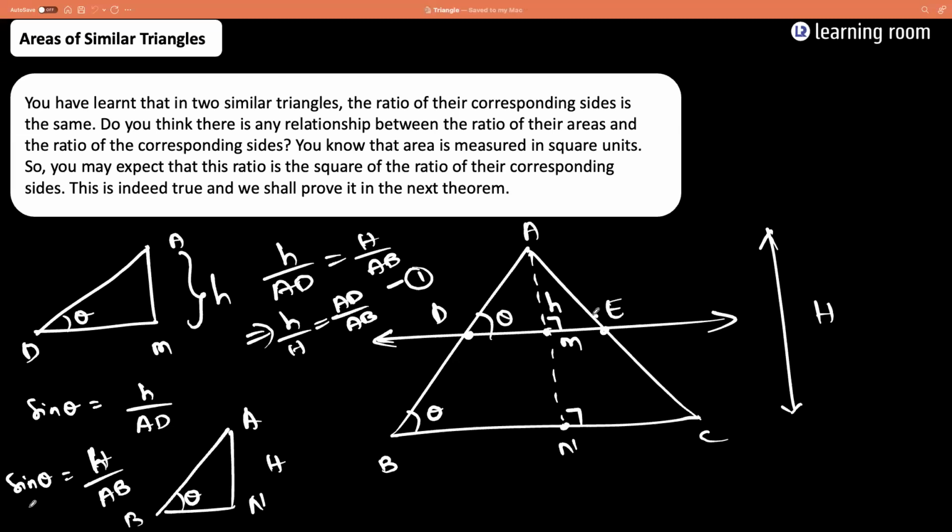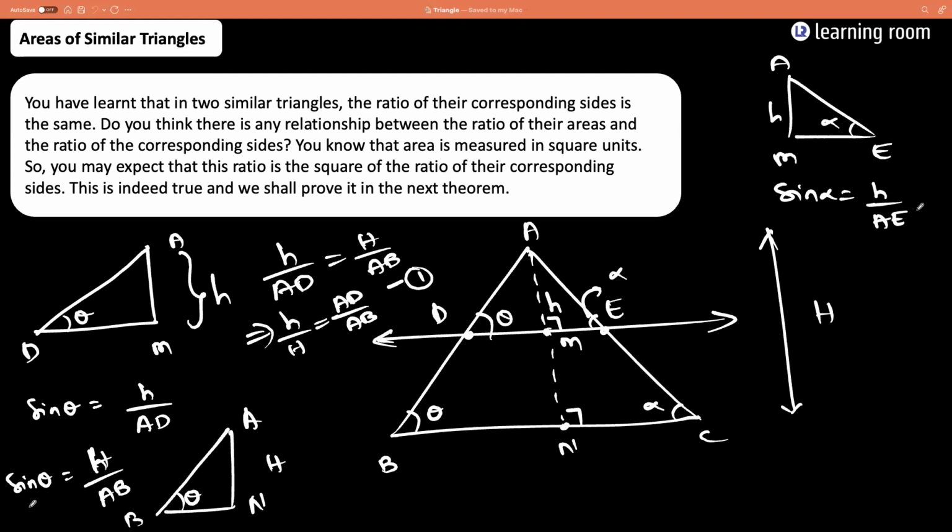In a similar way, if I take this angle to be alpha, this angle is also alpha. I'll take the triangle AME. If this angle is alpha and this is h, then what is sine alpha from here? h by AE.